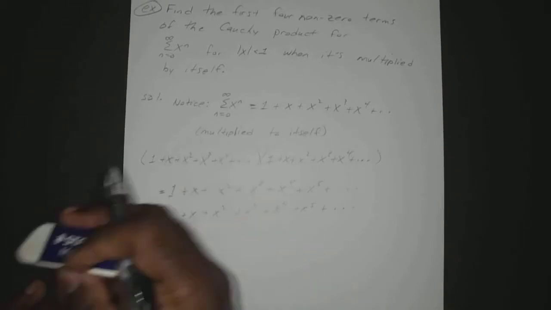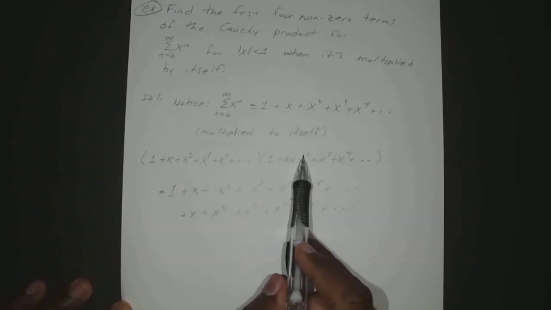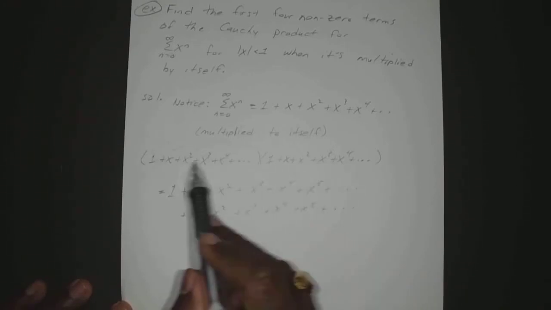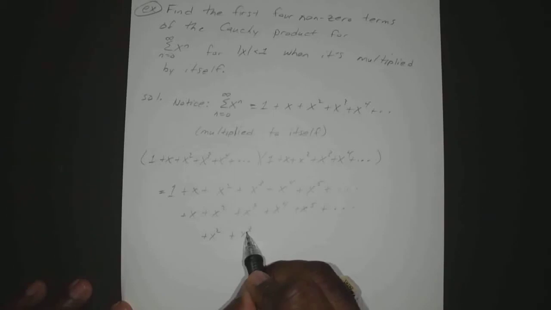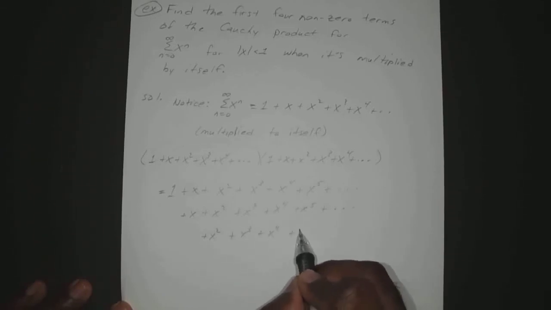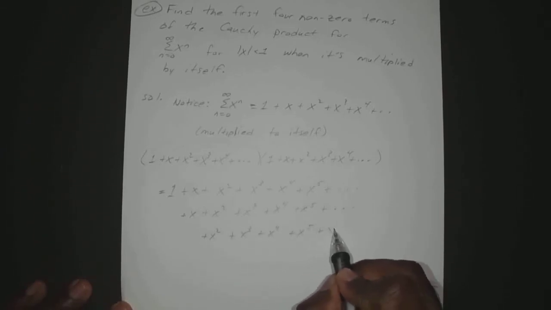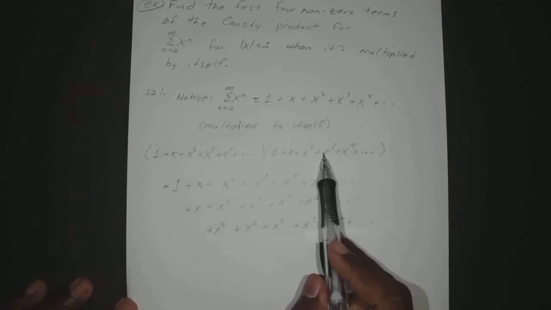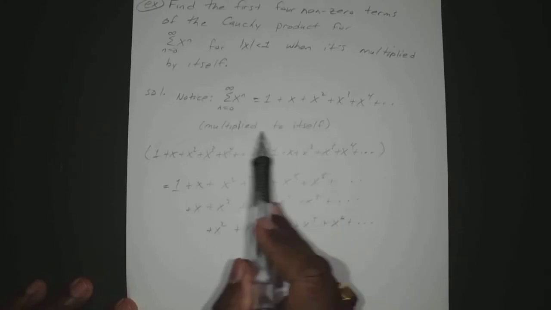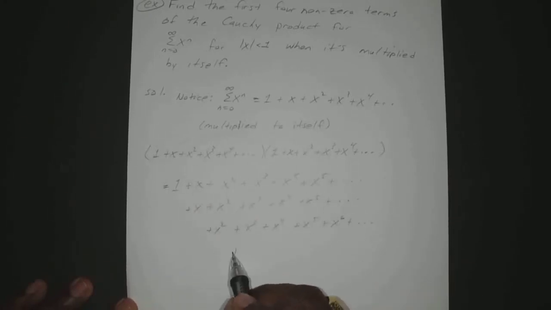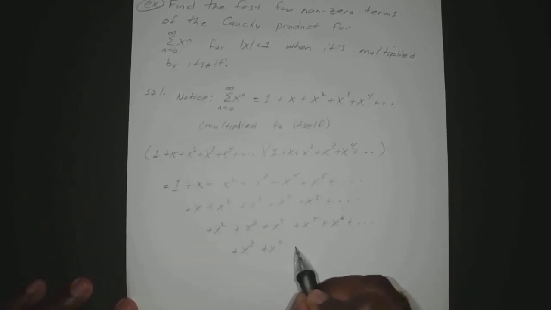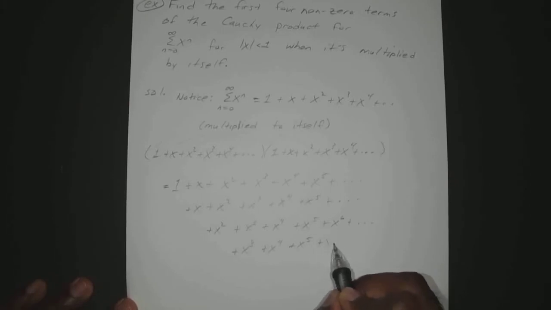Now if you get your x squared, multiply that by 1, you get x squared plus x to the third plus x to the fourth plus x to the fifth plus x to the sixth, and it keeps on going. Okay. Now if we do our x to the third, same thing. You multiply that by 1, you get x to the third plus x to the fourth plus x to the fifth plus x to the sixth, and it keeps on going.